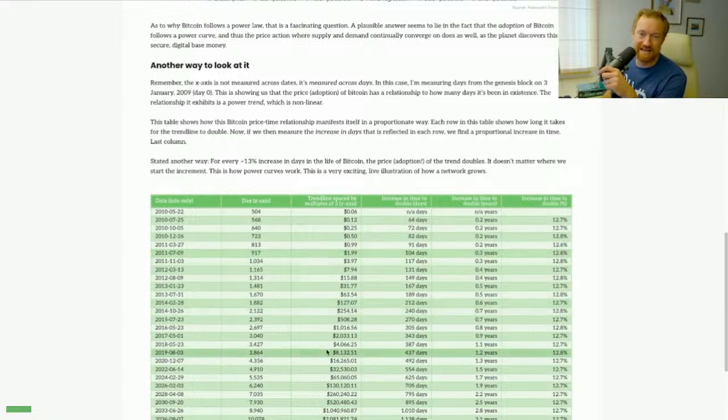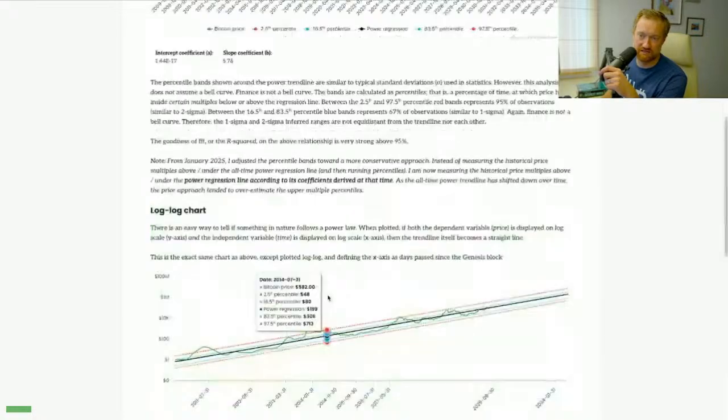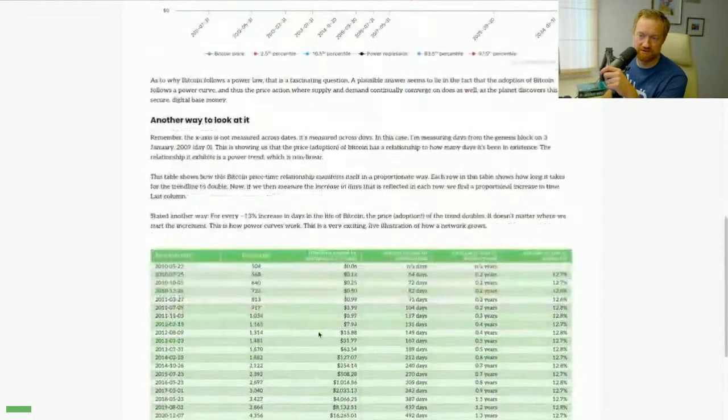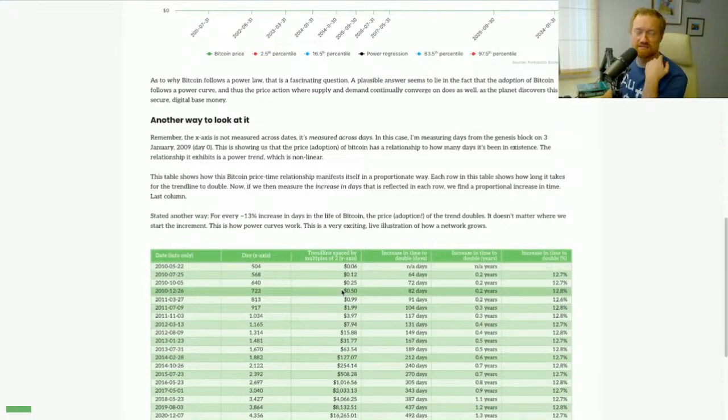Bitcoin is not like that. Bitcoin is a network. It's growing. It's being adopted. So what we can observe for Bitcoin's doubling, which is the trend line here, this black trend line, you can see it in the third column on my website. When does the trend line double?